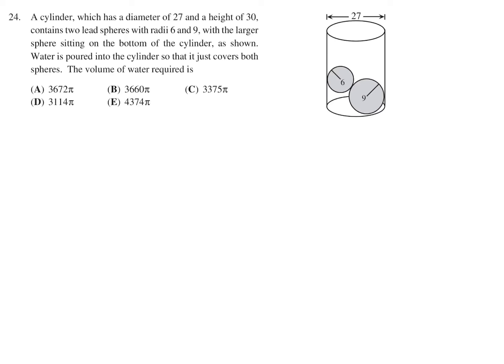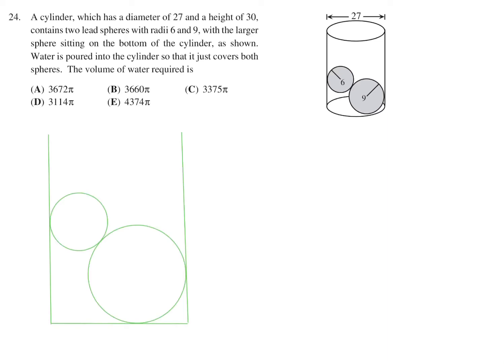So the first thing I'm going to do is draw a cross section of this diagram. So here you have the cylinder and you've got the two lead spheres, just a cross section, and they're going to pour water in so that it covers both of those spheres all the way to the top of that smaller sphere.